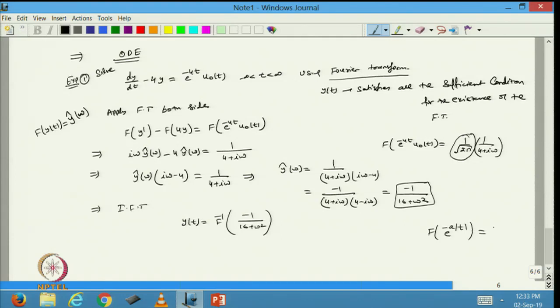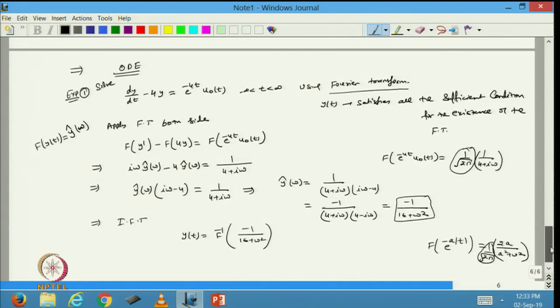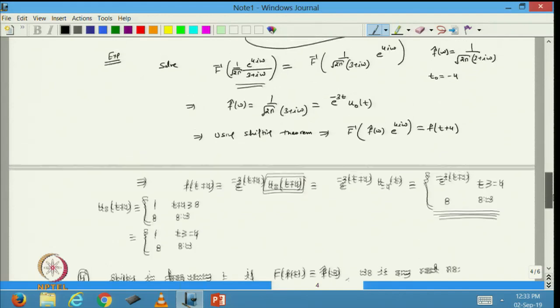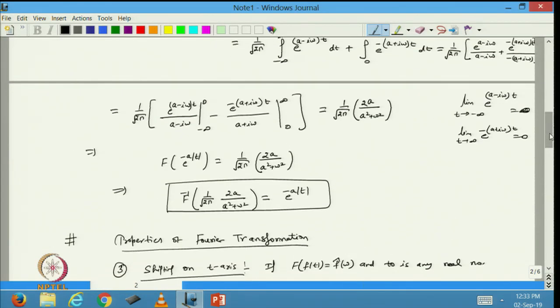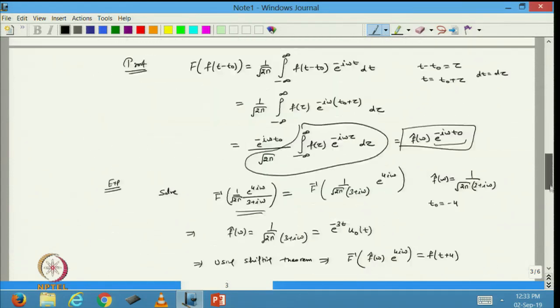It was coming 2a over a square plus omega square, times 1 by under root 2 pi, which I am ignoring. That is the Fourier transformation I am going to use.